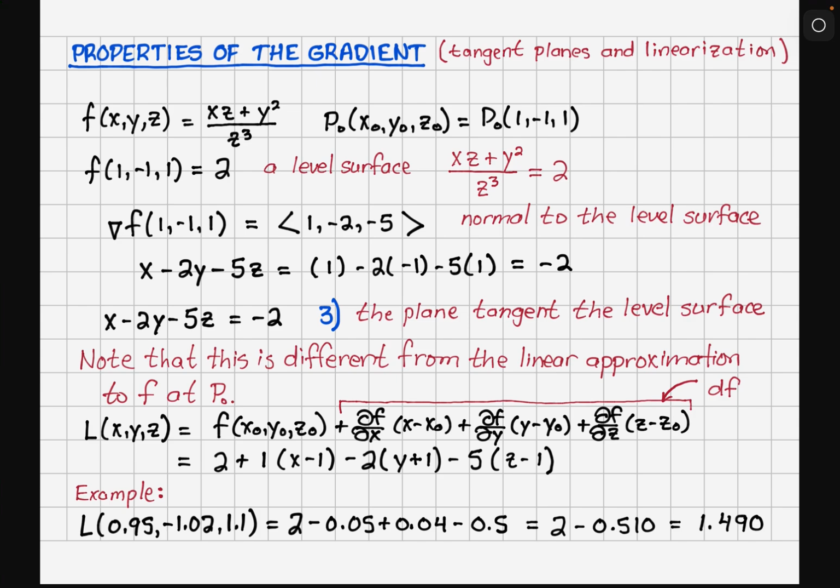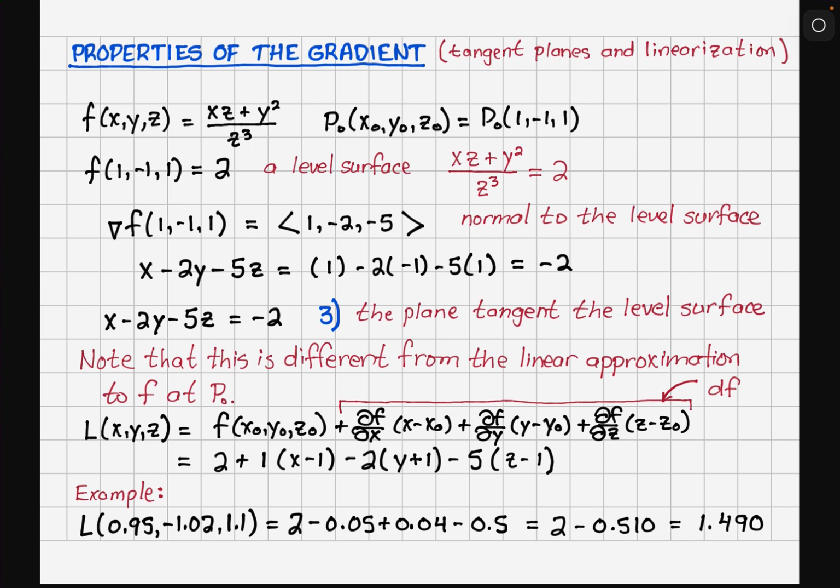Now this is different from asking for the linear approximation of f at p naught. Remember, f is a function of three variables, so the linear approximation accounts for three rates of change. The value of the function at the point in question plus the differential.